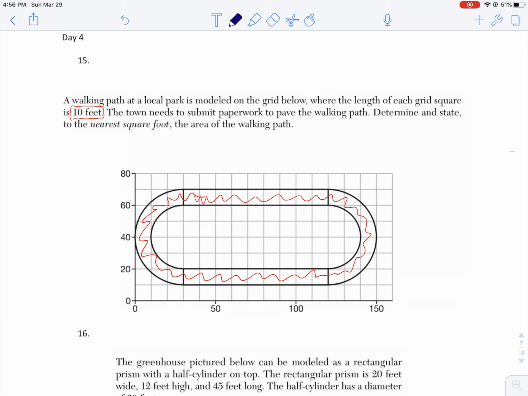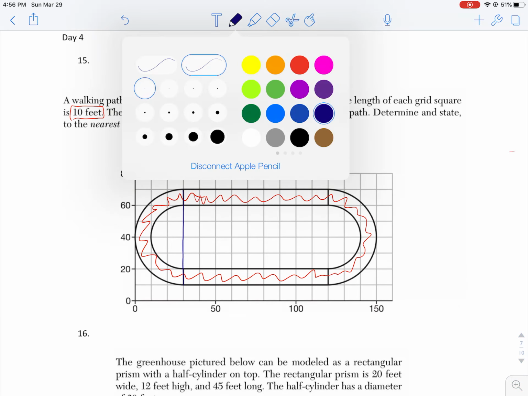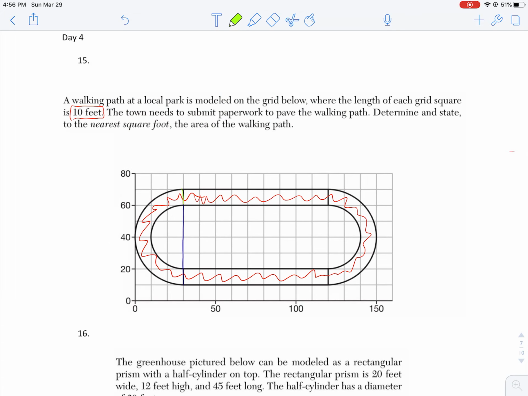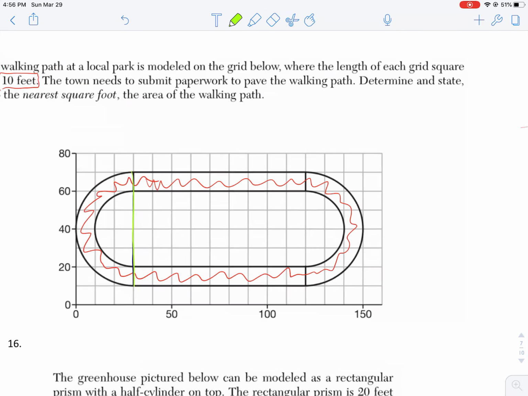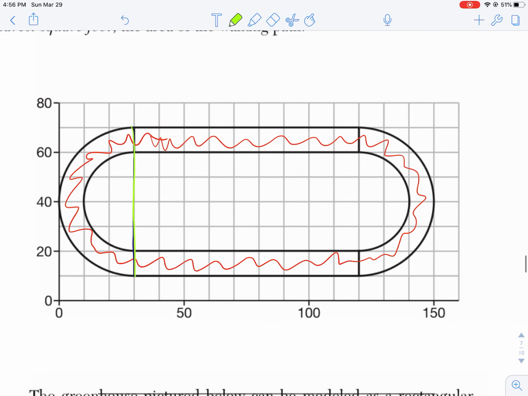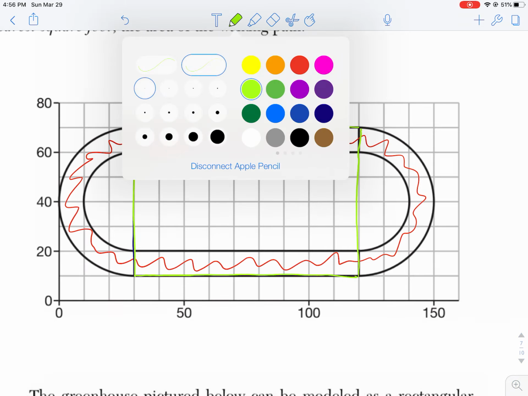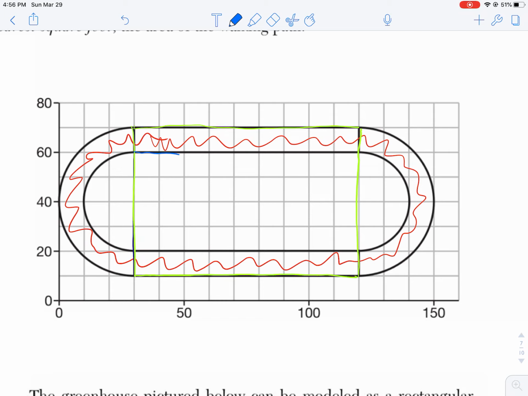All right? And so let me draw a couple squares on here. So the first thing we're going to have to do is find... Now I'm going to get a brighter color here so it stands out. We're going to have to find this rectangle here. We have to find the area of that rectangle there.